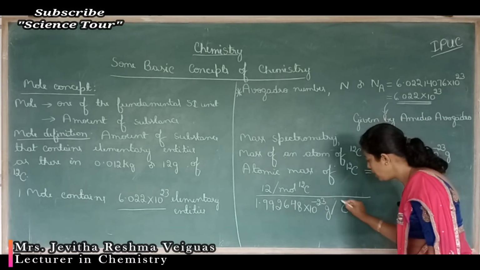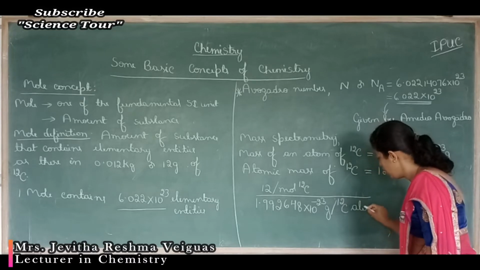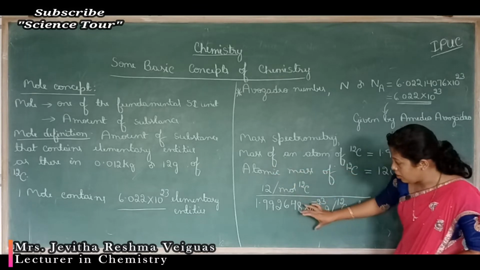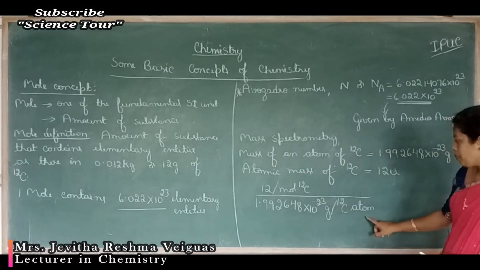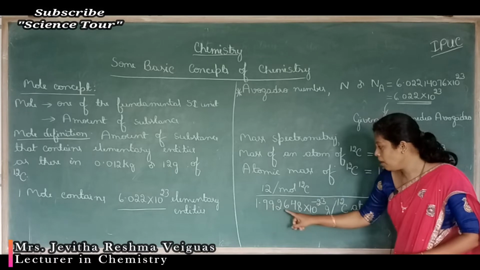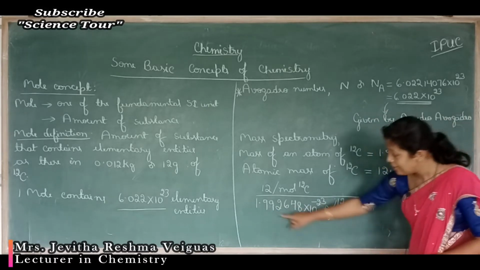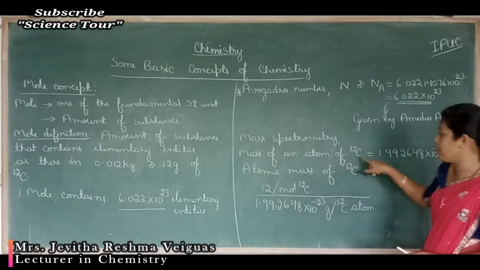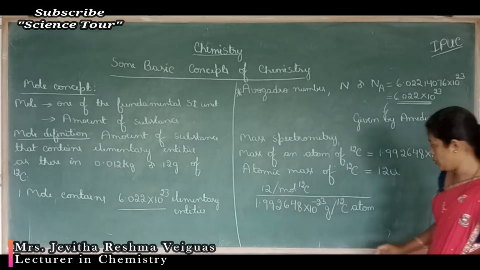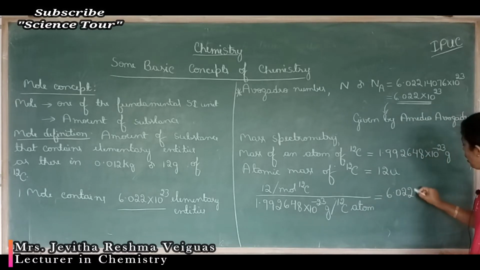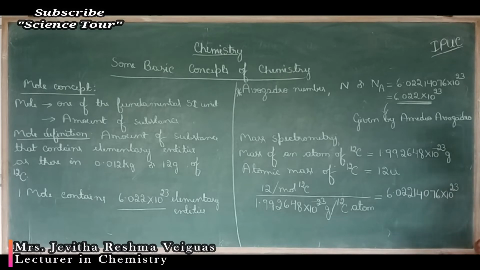If you do this calculation, what you get is 6.02214076 into 10 to the power 23.